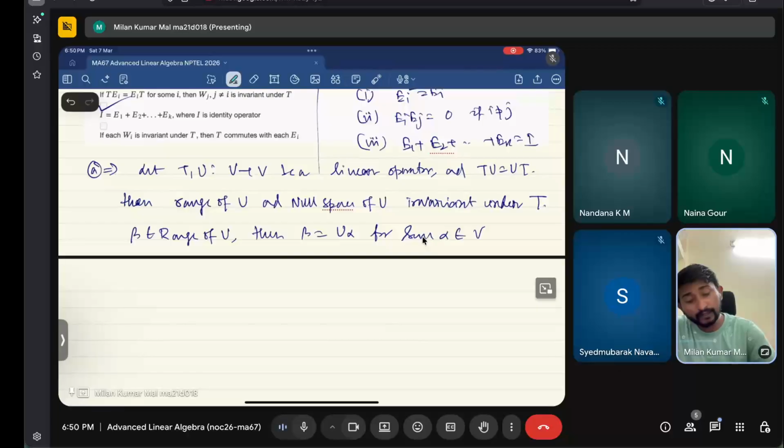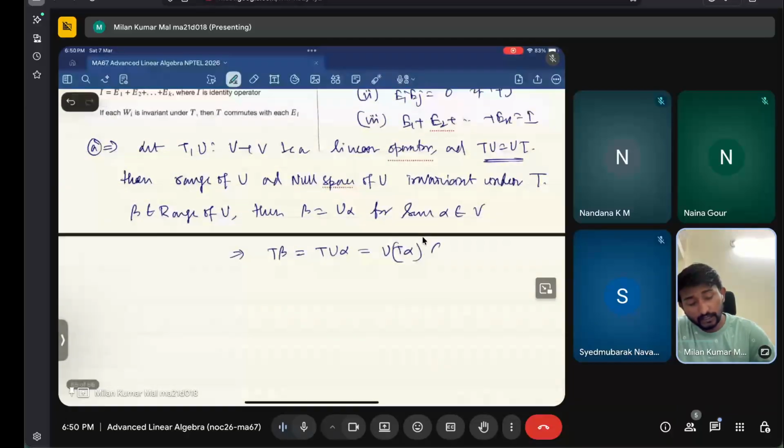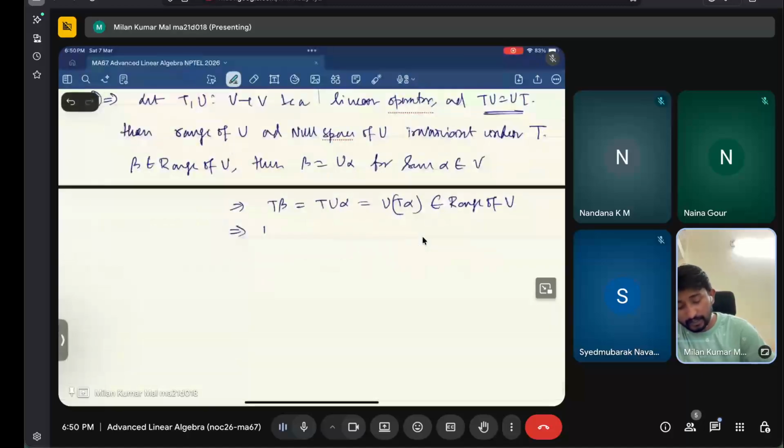But U and T commute, so we can write UT alpha. Now T alpha is in the vector space V, and this is in the range of U. So that means the range of U is invariant under T.